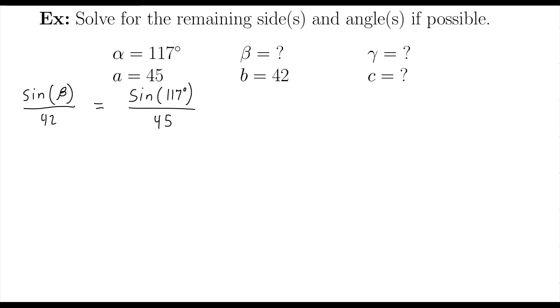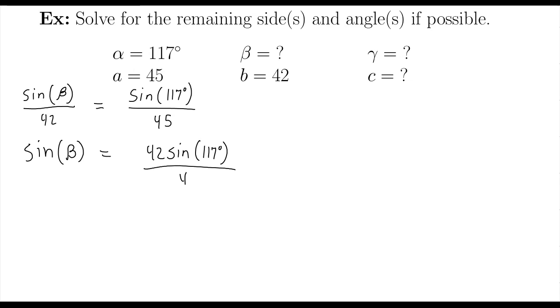And I'm going to multiply both sides by 42 to cancel this out. So sine of beta is equal to 42 sine of 117 degrees over 45.